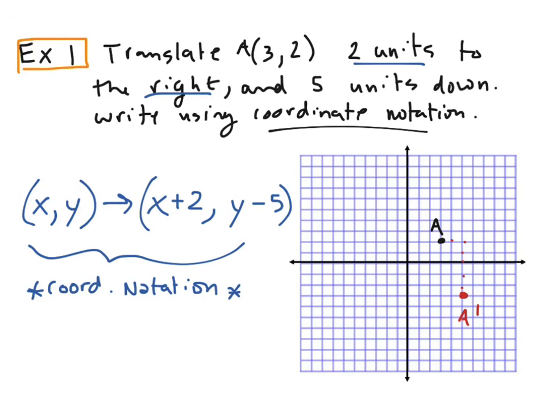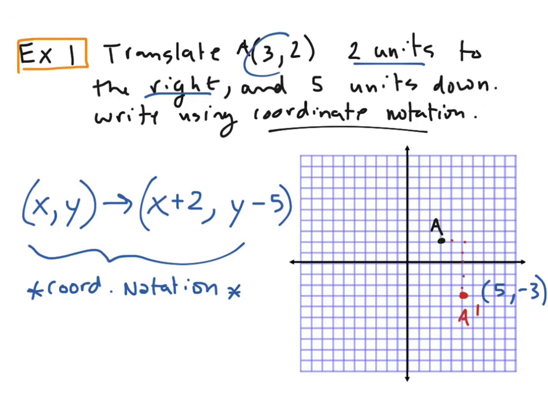Let's see if it actually works. Let me count to see what that coordinate is. For my x, I have 1, 2, 3, 4, 5. And for my y, I have down 1, 2, 3, negative 3. Okay, like that.